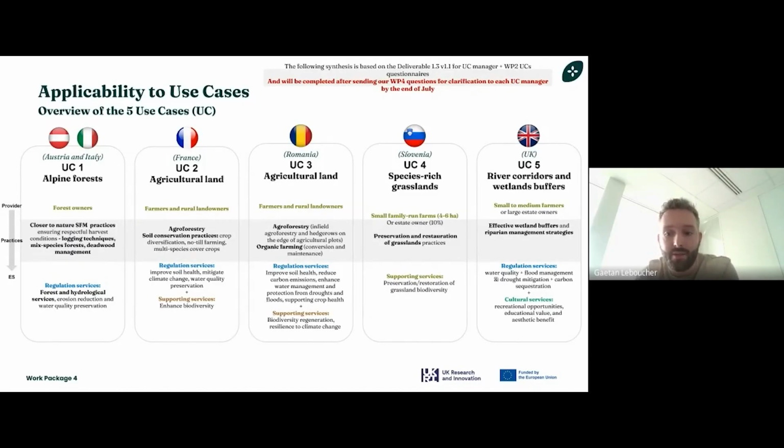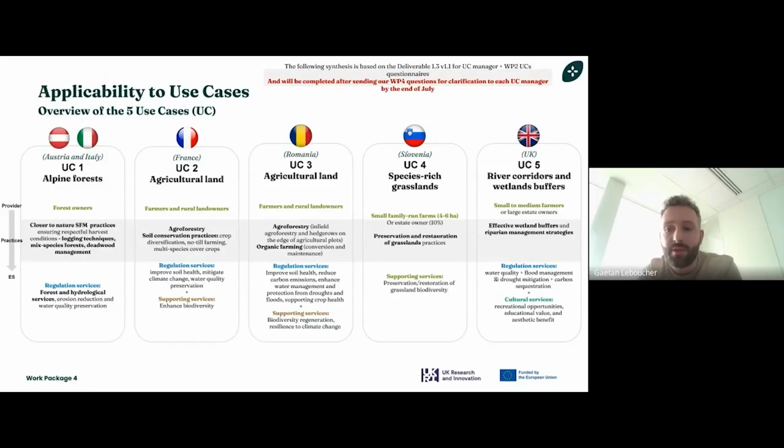It also focuses on organic farming practices, conversion and maintenance. The ecosystem services targeted are quite the same, but more specifically droughts and floods regulation also.